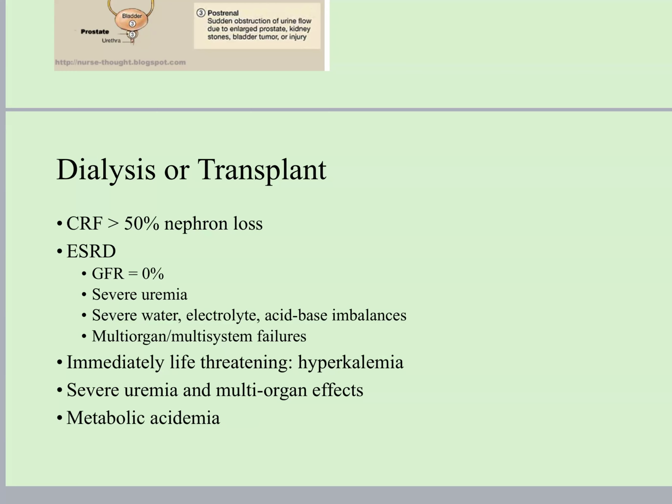One of the most dangerous things is that the kidneys are so important for regulating electrolytes, especially potassium. If the kidneys are not pushing potassium out, it's very easy for a patient with renal disease to be hyperkalemic.